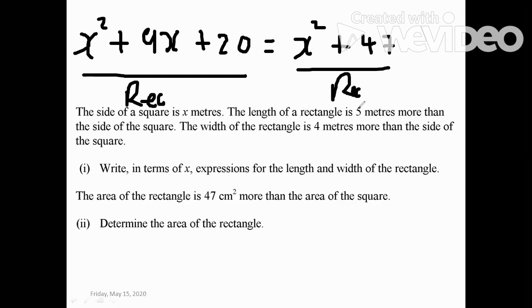All right, so what we're gonna do is bring everything over on the left hand side. So we're gonna have x squared. So this x squared will go over. The 9x is already there. Well, there's no more x's. All right, and we can bring over the 20.